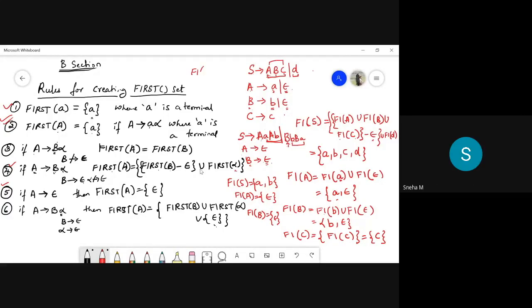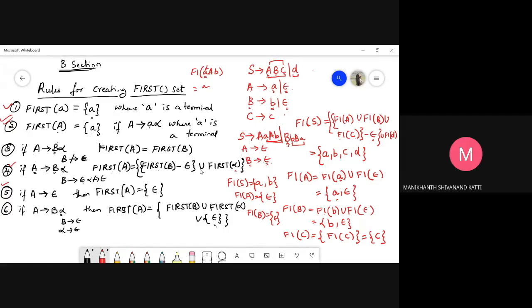If you take a, B, then I don't have a non-terminal right here. Yes, in the beginning only you have a terminal. So always we consider what is there on the leftmost side. So it is a terminal. If it is a non-terminal, then we go with the first of that non-terminal, like how we did.